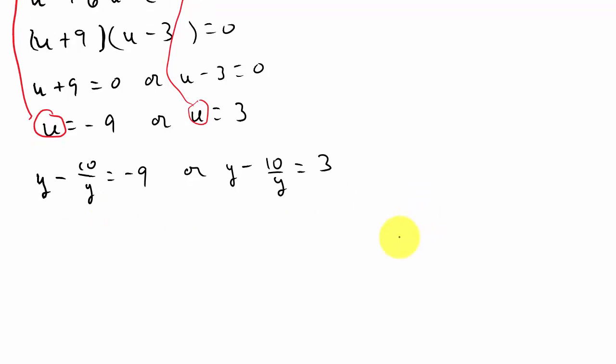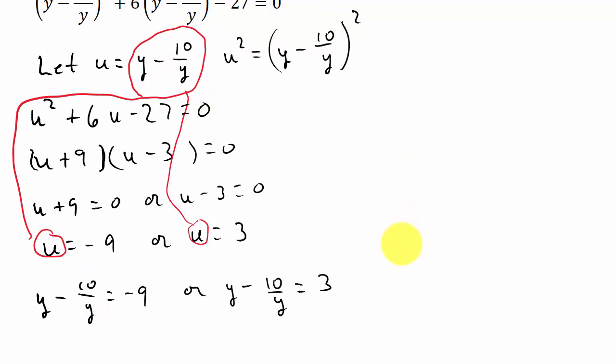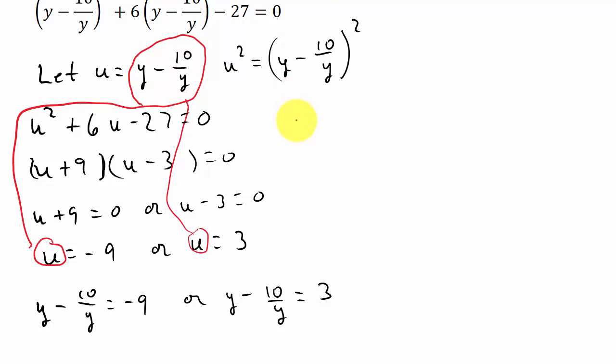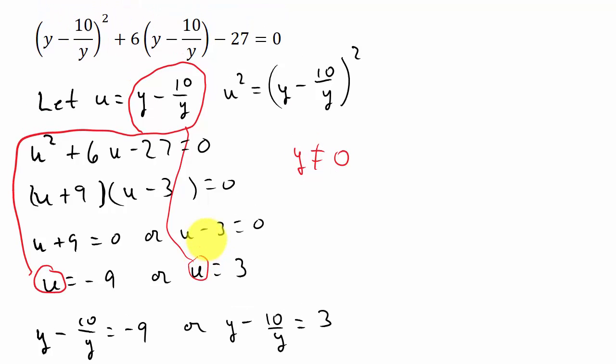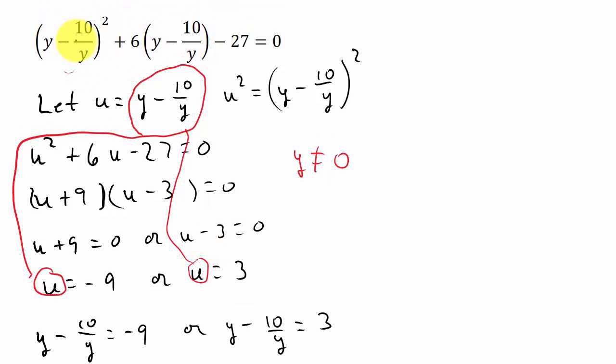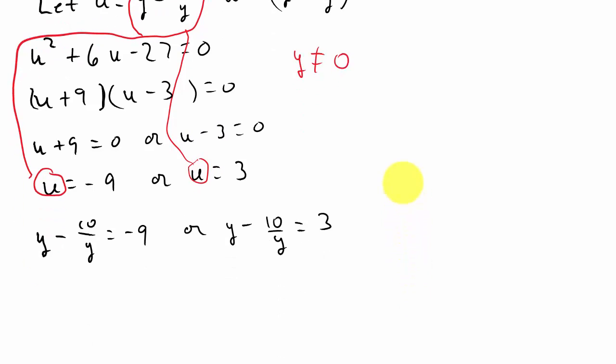Alright, so now we have to solve this. If you remember, you've got a fraction, so we're going to multiply each term by the common denominator, which in this case is just y. And we also need to note that y cannot equal 0, because that would give us a 0 in the denominator of a fraction, and we can't have that.